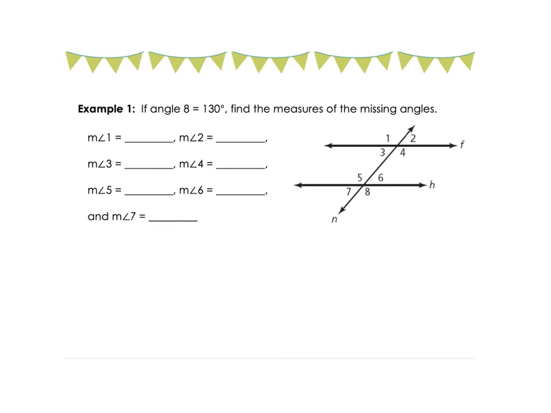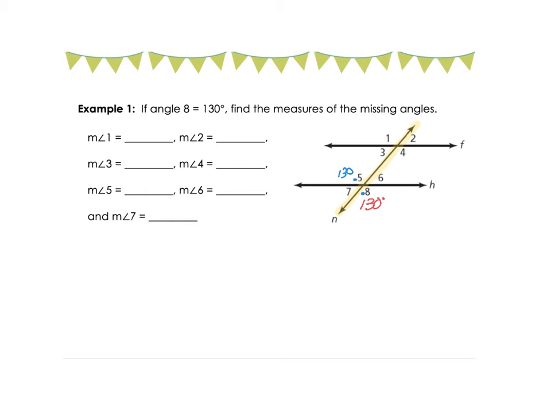So let's look at example 1. So here I'm going to just highlight my transversal. So what it's telling you is, if angle 8 is 130 degrees, can you find the measure of the missing angles? So the best way to do this is, we know that 8 and 5 are vertical, right? So that's 130 degrees, they're equal.